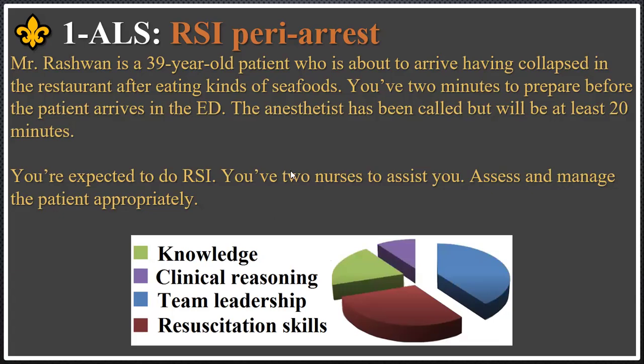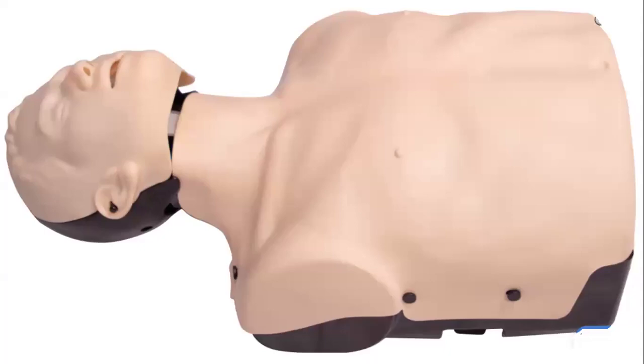Nurse A, are you happy to manage the airway? So please check and prepare all the airway equipment, including the difficult airway trolley, and prepare all the equipment for rapid sequence intubation, because this patient might need an intubation and we might expect a difficult intubation. So Nurse B, are you happy to manage the circulation?